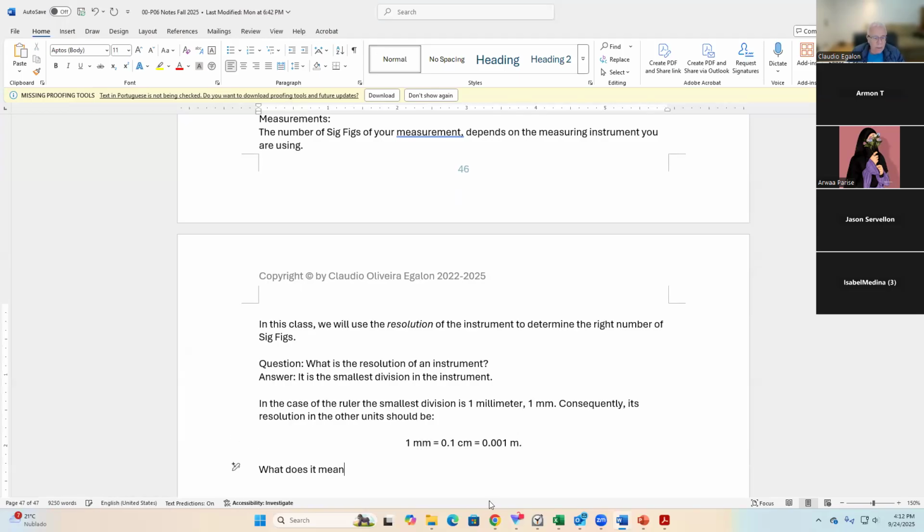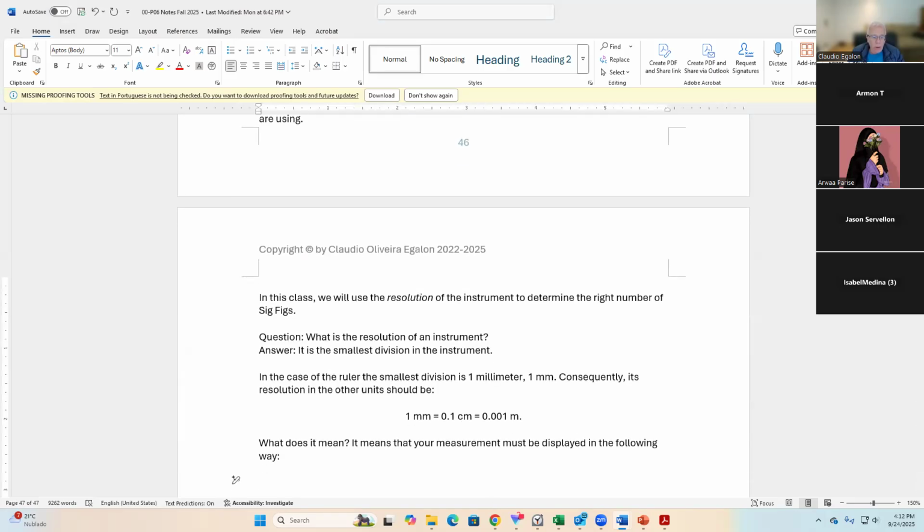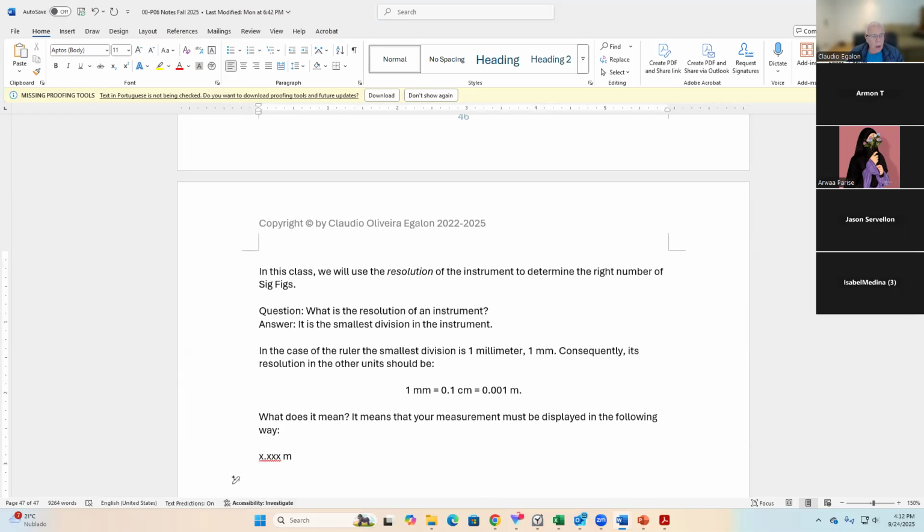It means that your measurement must be displayed in the following way. You go x dot x meter. That's what it means. You cannot add a fourth decimal place here, okay? Make sense?